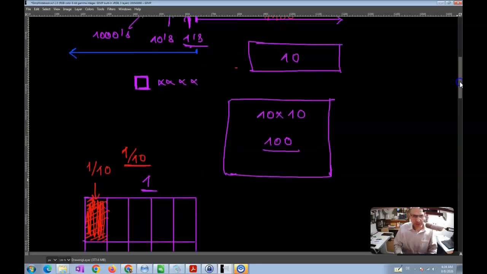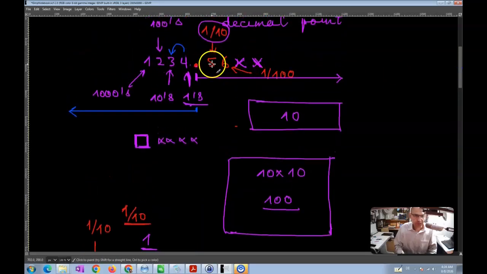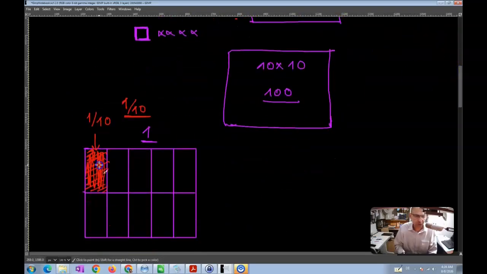So when we say, for example, 0.56, that's a 5 in the 1/10 place value, right? Which would be 5/10, which is 5 times 1/10, which would be 5 of these.